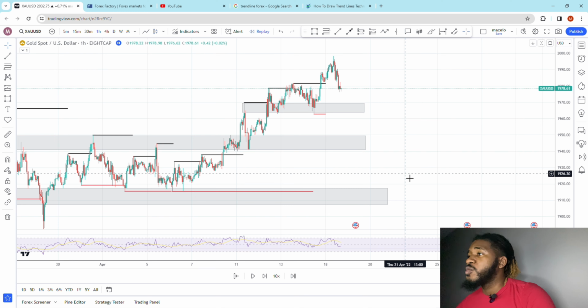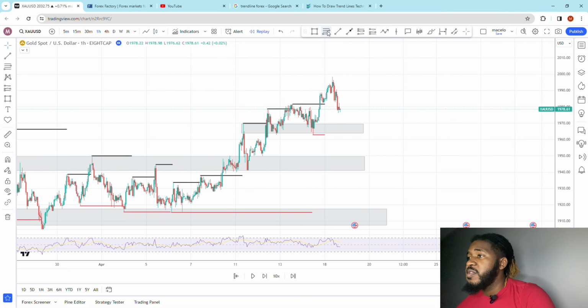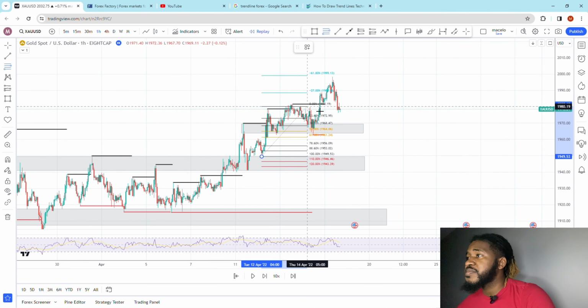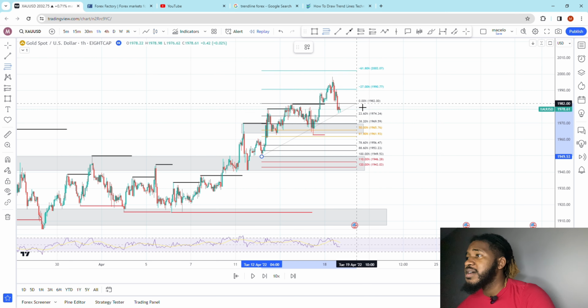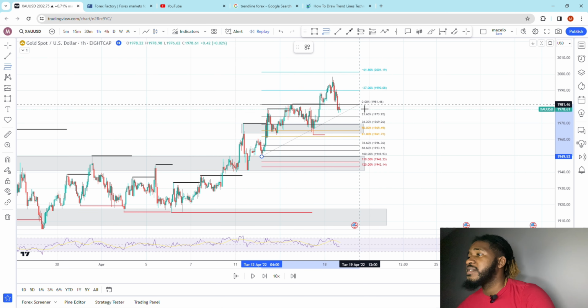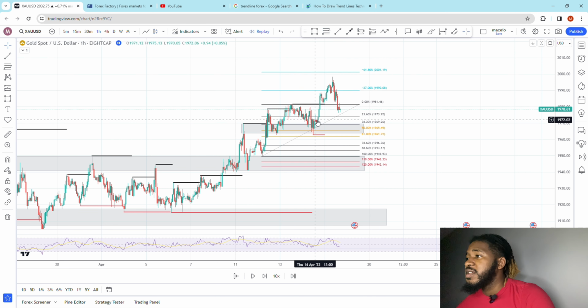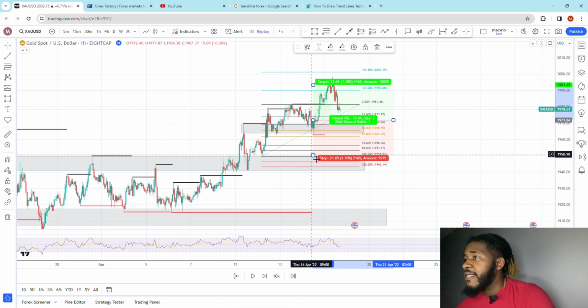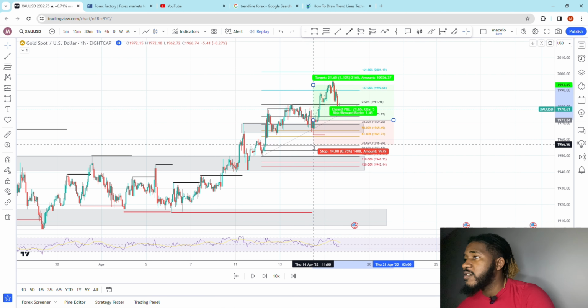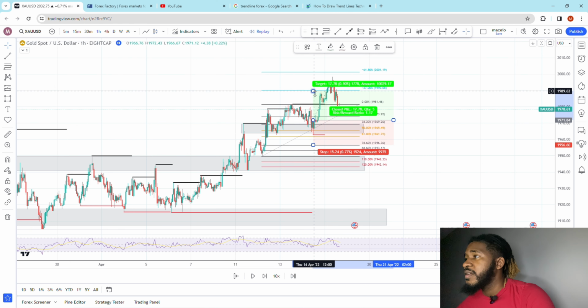So what you could have done is you have your impulse, you have your pullback right there, you had your continuation right there where you could take in your profits. Now your profits could have come from here. You take your stop loss around here, and your TP would be around these areas.